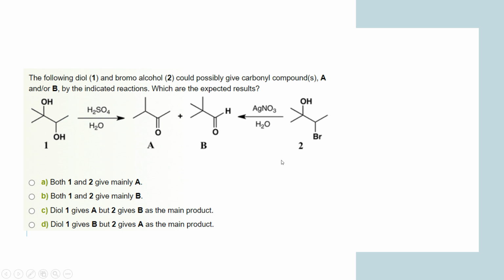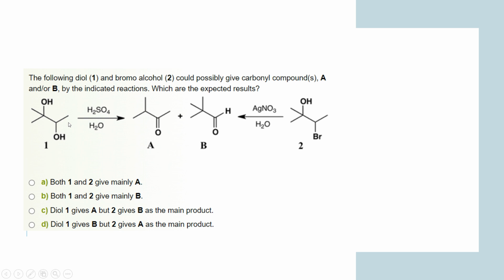And for the second reaction, we have this bromo alcohol. Okay, and we are treating the bromo alcohol with silver nitrate in aqueous medium, and this one is also going to give either A and B or A or B. Any one of these can form or both of these can form.